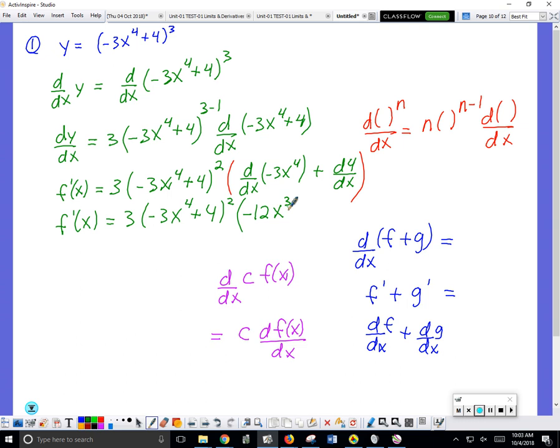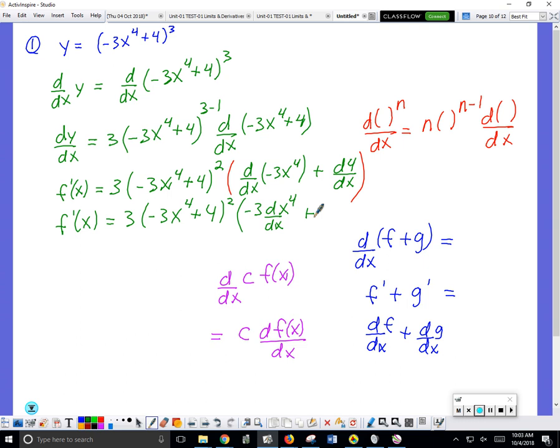I'm so confused why you use the constant rule. Yeah. Let me draw it differently, Hayden. If I were to show the constant rule separately, I would have written this. Negative 3, 2 points for Hayden, d dx of x to the 4th. Does that make sense?